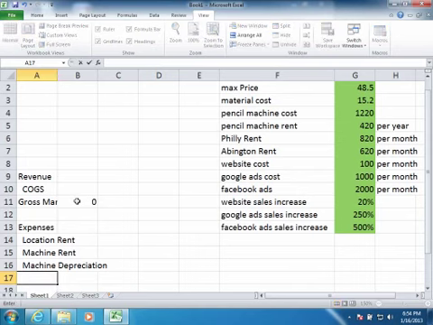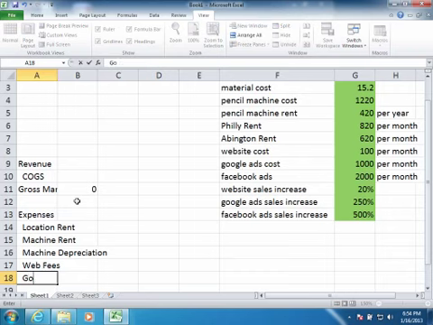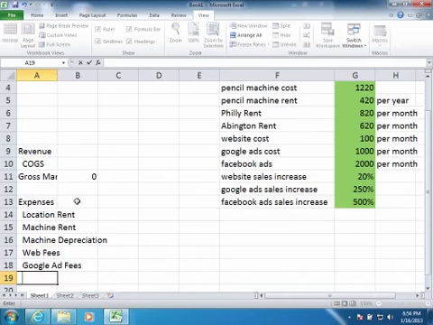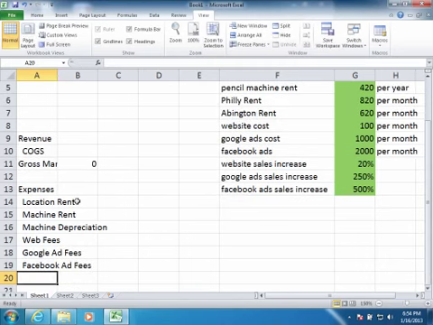Anything else? Web fees if she has the website, Google ad fees if she gets the Google ads, and Facebook ad fees if she gets the Facebook ads.